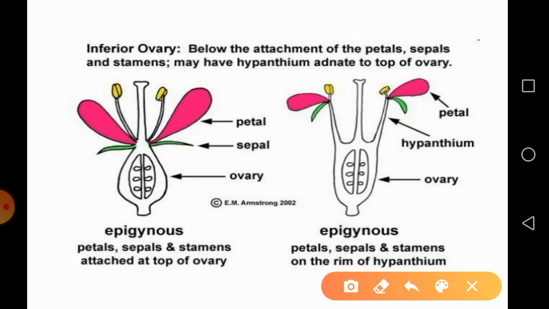So this hypanthium is forming a cup shaped structure, and which is going to enclose your ovary, and then on the top of this ovary we will see the arrangement of sepal, petal and stamens. So such a condition is called as a epigynous condition, when petal, sepal and stamens attached at the top of ovary, and the ovary is said to be inferior.